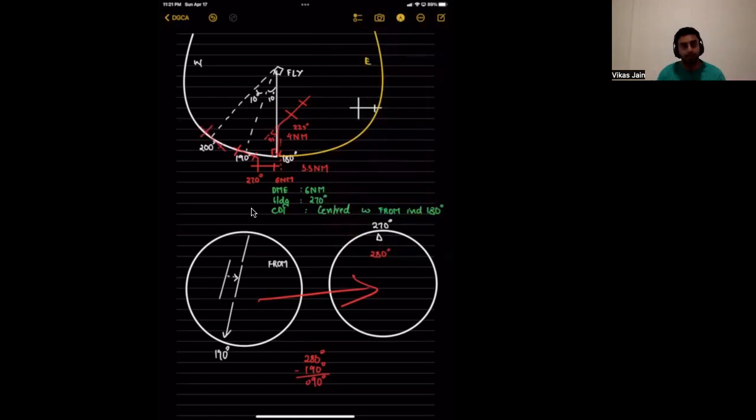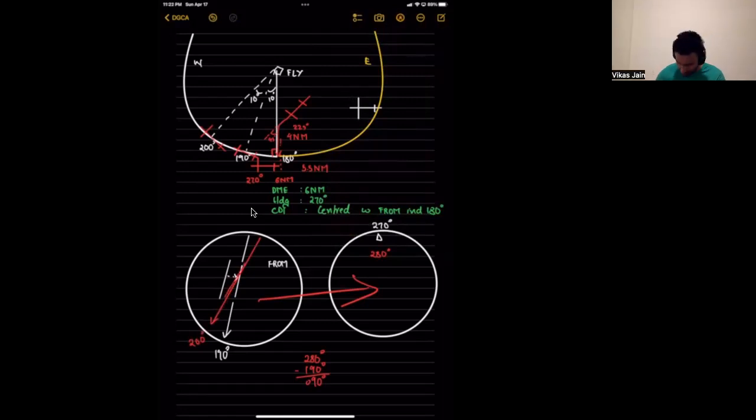Right? This is how your next position looks like. On the CDI, it would look something like this. And your needle will be centered as well.